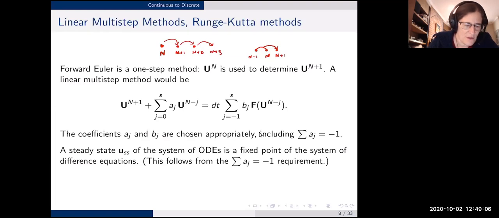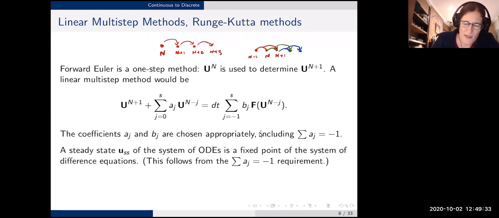And then you would use these two to generate the next solution, and then those two to generate the next. So this is what's called a multi-step method. And Runge-Kutta is another way of making things more accurate. It's similar to a multi-step method in that you keep using the vector field in the same way.